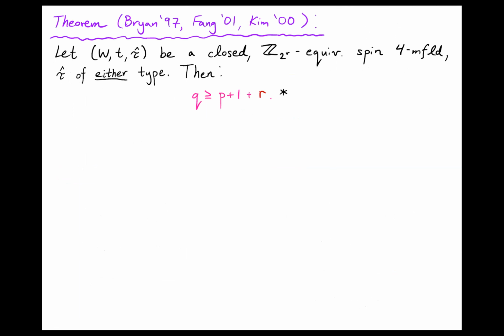Let W be a closed Z mod 2^r equivariant spin 4-manifold, with tau hat of either even or odd type. Then we get that Q is greater than or equal to P plus 1 plus r. Essentially, if we have a 2^r-fold action, then we can do r better with our inequality. We can eke out just a little bit more. The star here means this is under certain technical conditions, which I will totally brush under the rug.